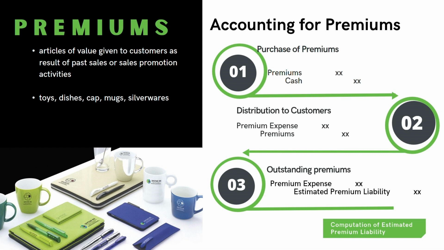The estimated premium liability and the premium expense account are just the remaining amount from here. So for the premiums from your purchase in number 1, less what has been distributed, you will recognize the rest as expense for the year, and then recognize a liability, because you have a future obligation to give to the people who will avail. And since your obligation involves a reduction to your asset account, in this case the premiums, that is why you will recognize a liability account.